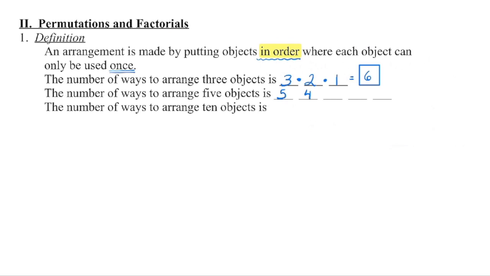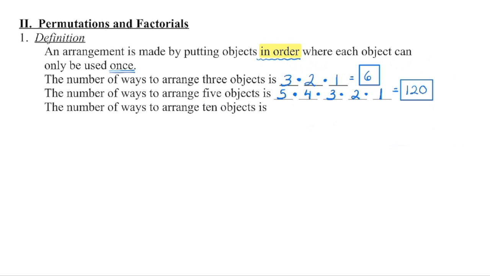And then someone else sits down, I now have 3 possibilities left, and then 2, and then the last person is going to sit down into that last chair. If I multiply them, I have 5 possibilities and 4 possibilities and 3 possibilities and 2 possibilities and 1 possibility. I have 120 different ways that I can arrange those 5 objects.